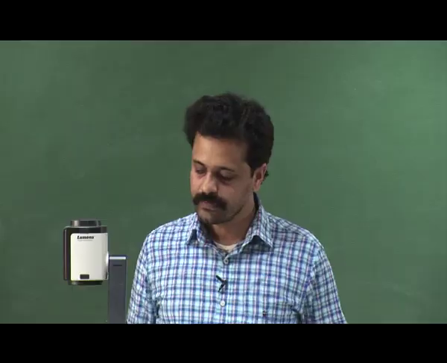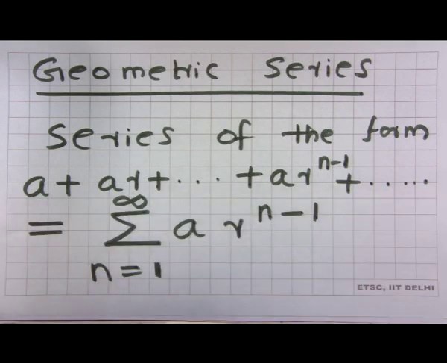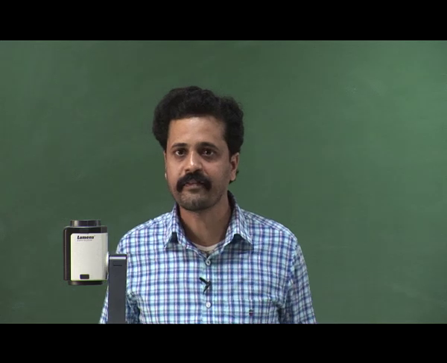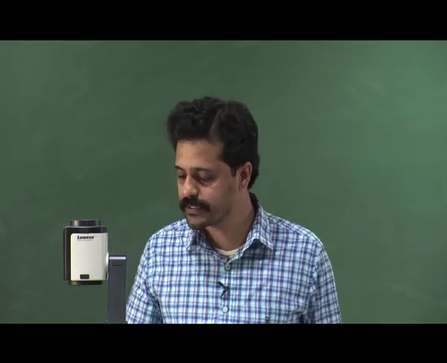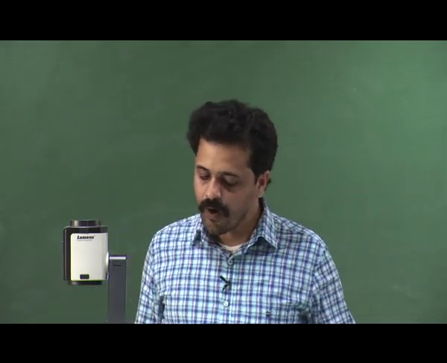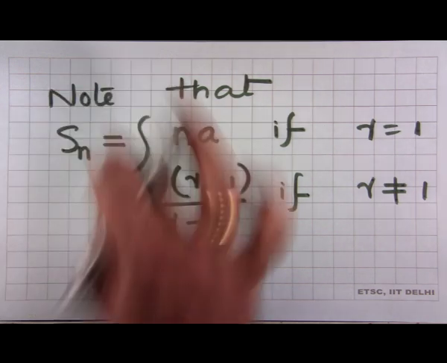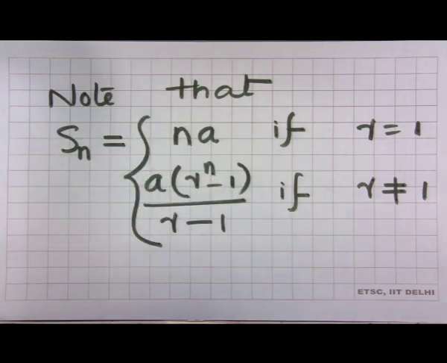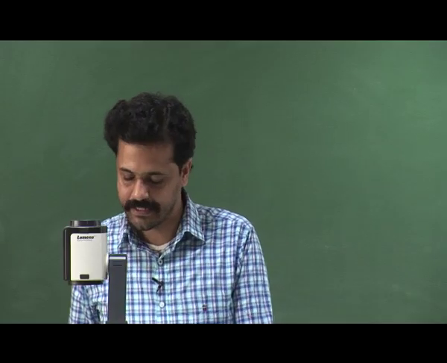Hence, to answer whether a geometric series is summable, that is, whether finally it represents a finite number or not, it is enough to investigate what happens to this sequence of partial sums S_n when n becomes larger and larger. Let us do that.